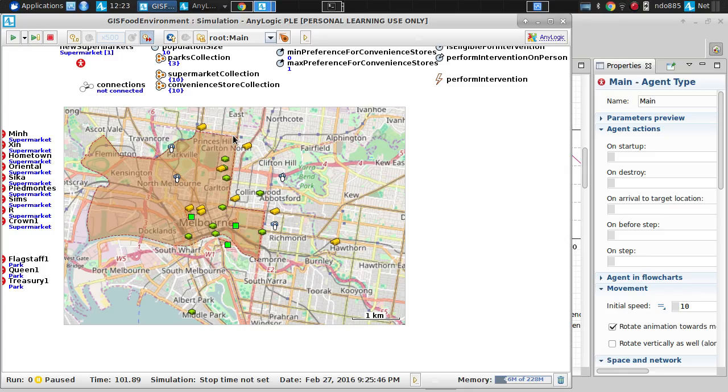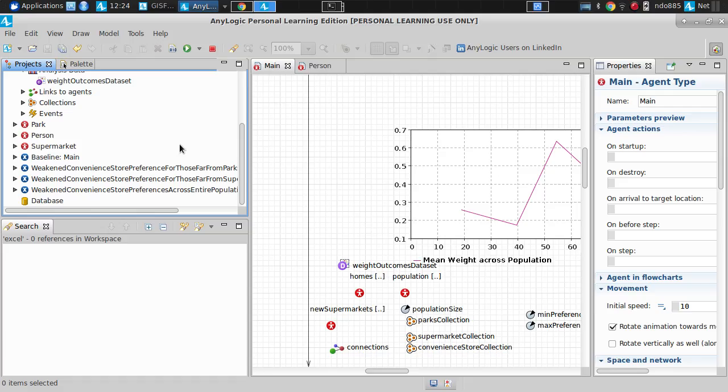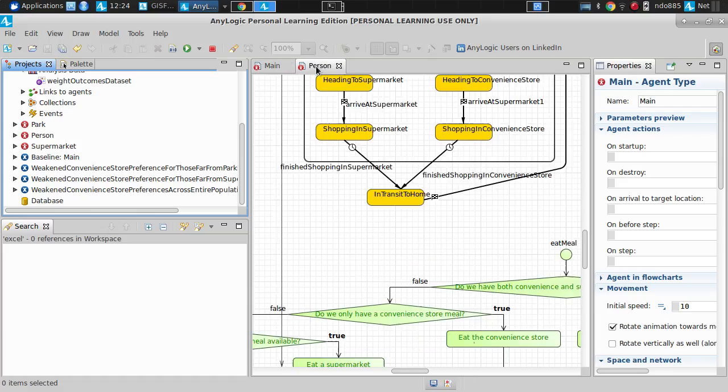So, ladies and gentlemen, a model of dynamics associated with GIS data. Here we have a quite articulated depiction of decision making when it comes to day-to-day choices for eating, and we can link it through logically to weight gain.